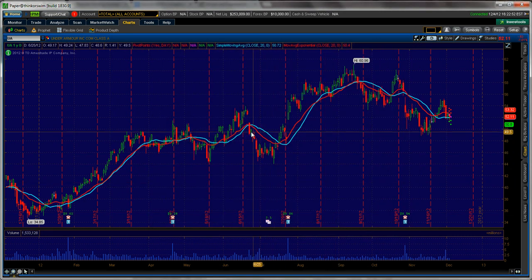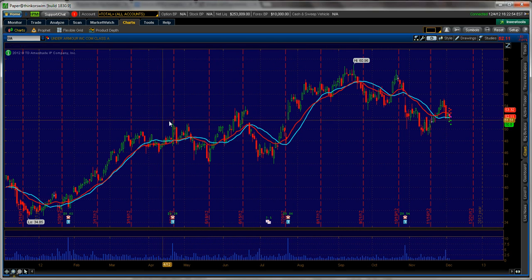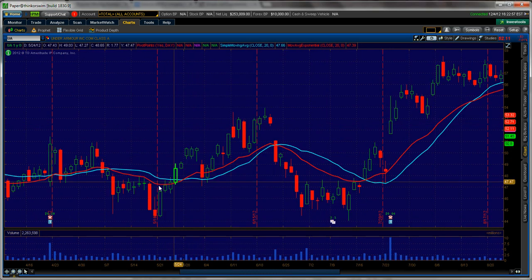Okay, so in this scenario, I'm just going to quick zoom in right here. You can see that in this little period of consolidation, where it's basically trading sideways with no real defining trend, you get a few crossovers of the exponential, and that red line stays closer to price data.